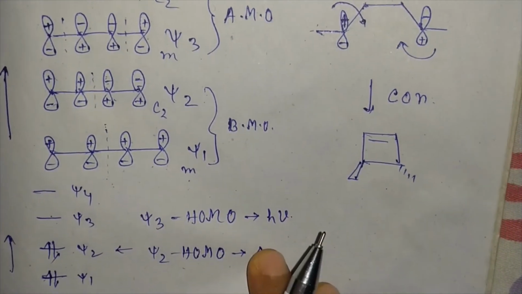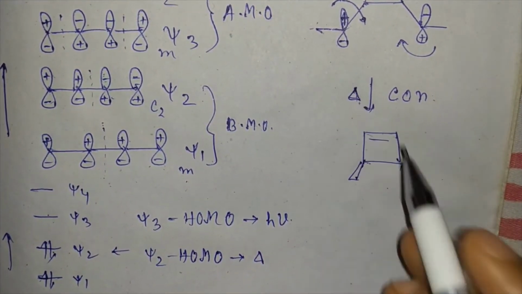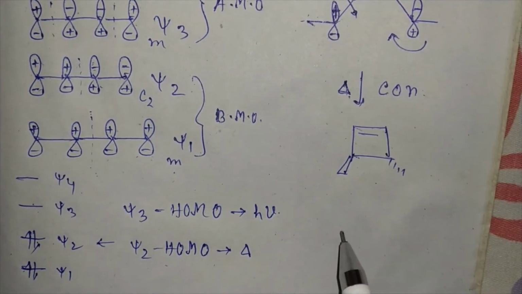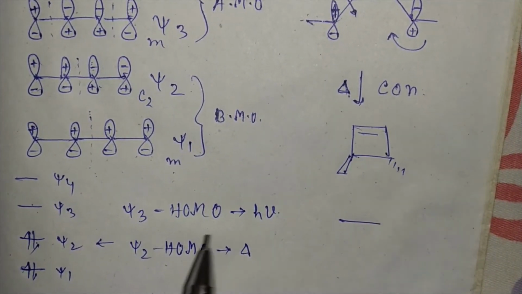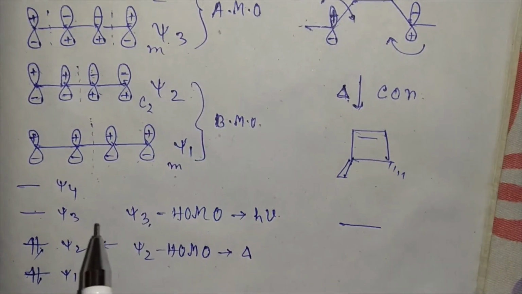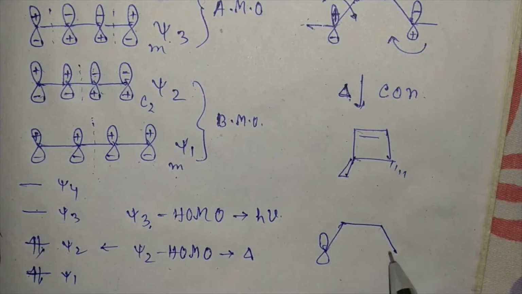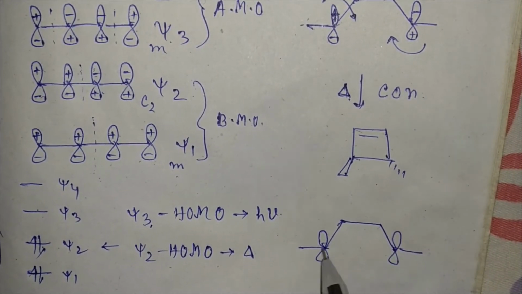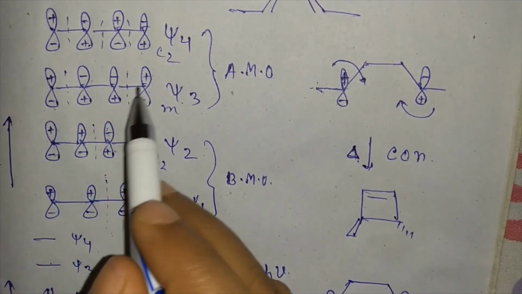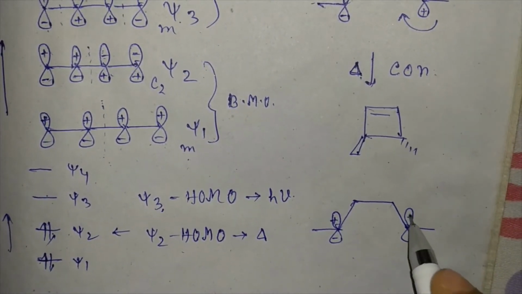Whereas in photochemical condition the HOMO will be psi 3, that is this. So for psi 3, plus minus, plus minus, plus minus, plus minus.